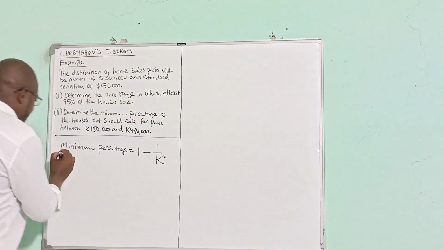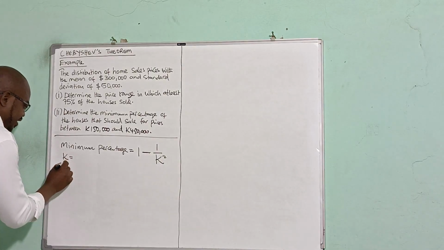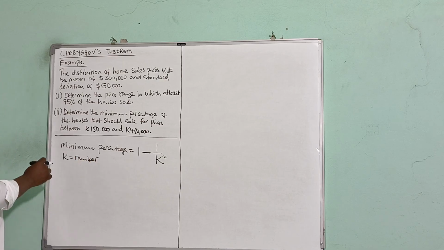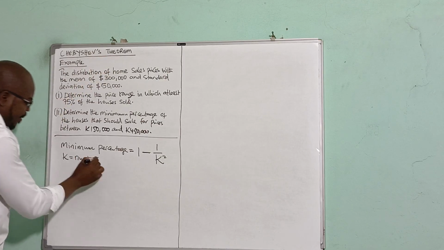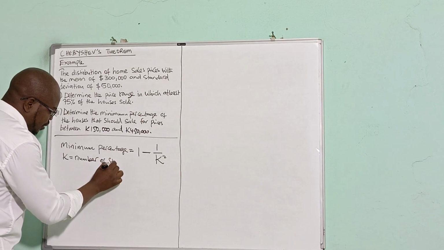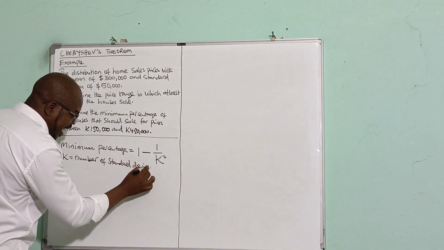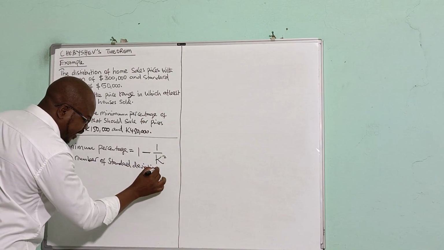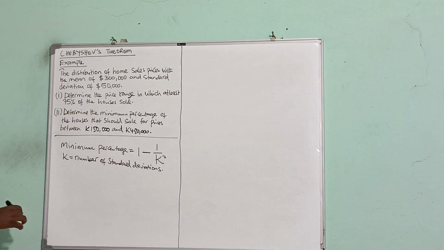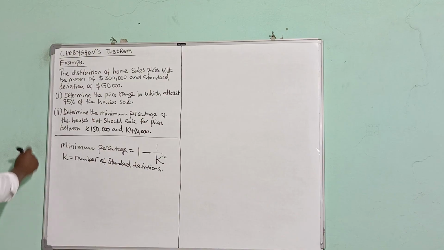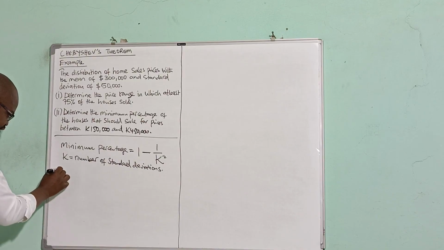K is the number of standard deviations. So this only applies to Chebyshev's theorem: the number of standard deviations, not the standard deviation. That is the formula for the minimum percentage. The next formula is for calculating the range.